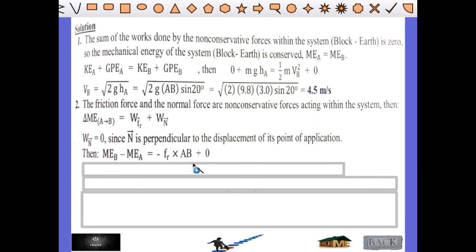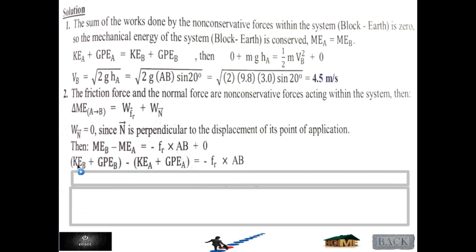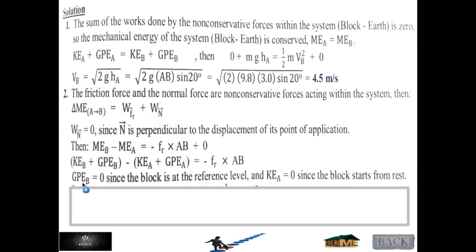Okay, so instead of mechanical energy at B, kinetic energy B plus gravitational potential energy B, minus mechanical energy A, kinetic A and gravitational potential energy A. Gravitational energy at B is 0 since the block is at the reference. Kinetic at A is 0 since the block starts from rest.